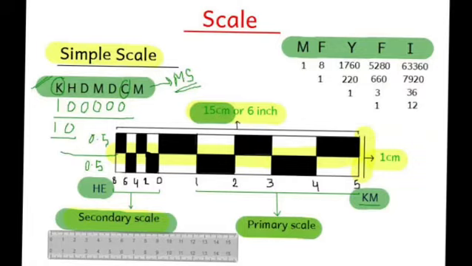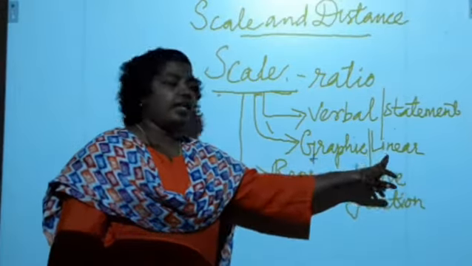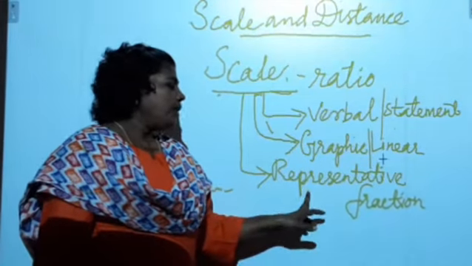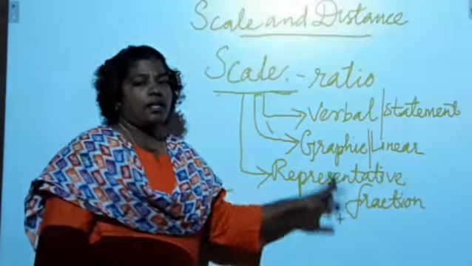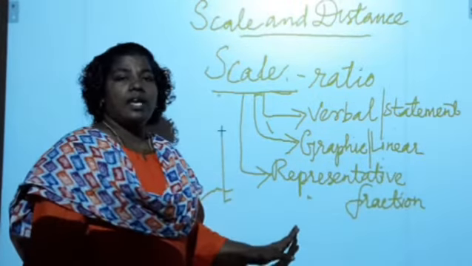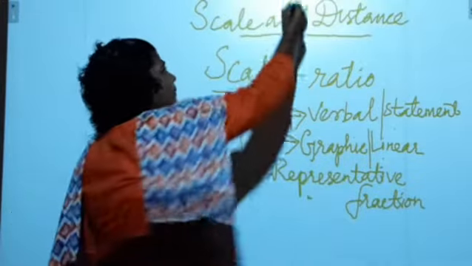Okay. What are the three types of scales used in the map? First one is verbal scale or statement. Second one is graphic scale or linear scale. And the third one is representative fraction. Now we are going to see the scale one by one. Okay.